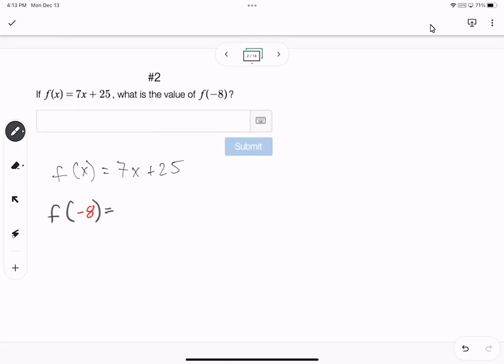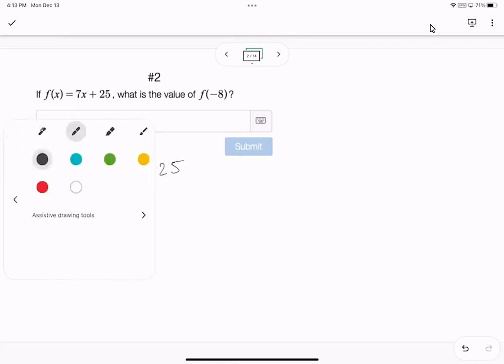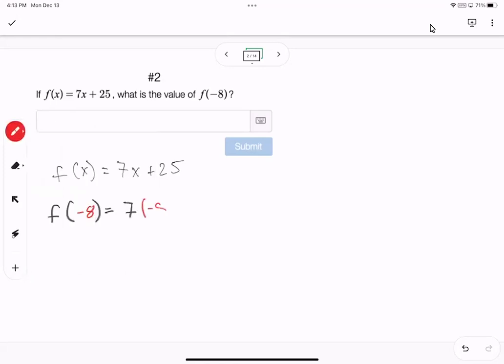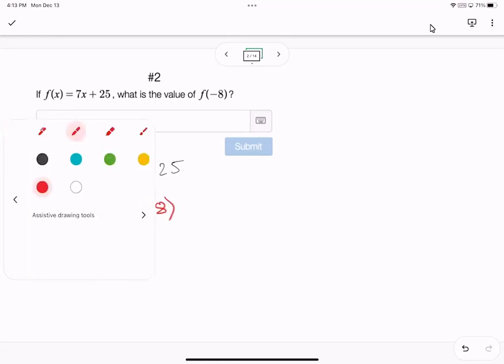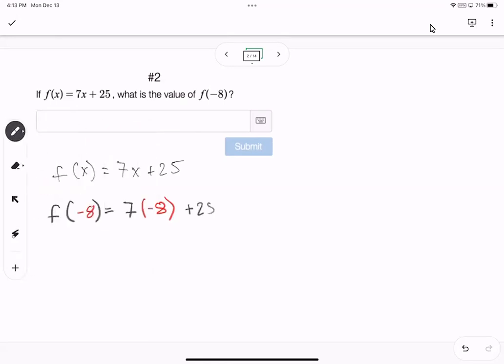So this was 7 times x. Now it's going to be 7 times -8 plus 25. So now the first thing we're going to do is follow the order of operations, and we're going to do 7 times -8.